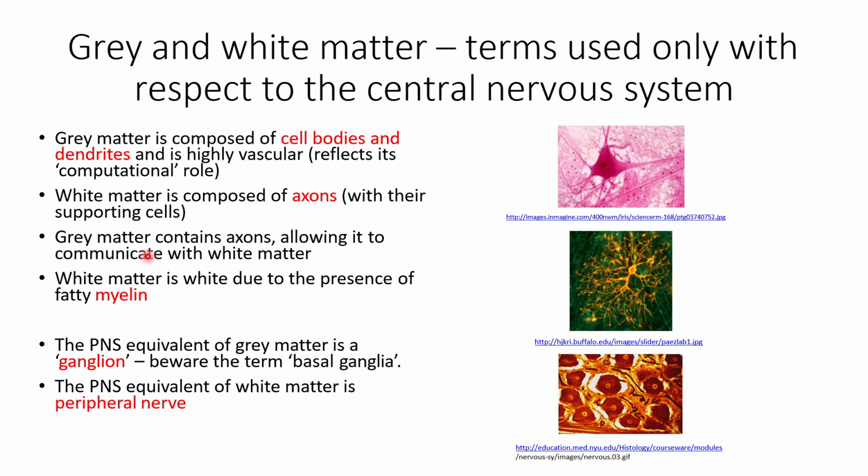Axons join up areas of grey matter. If there weren't axons going into and coming out of areas of grey matter, they wouldn't be able to communicate and the nervous system wouldn't work. So there are axons within grey matter. However, they are far less prevalent than the cell bodies, dendrites and synapses which are found there.